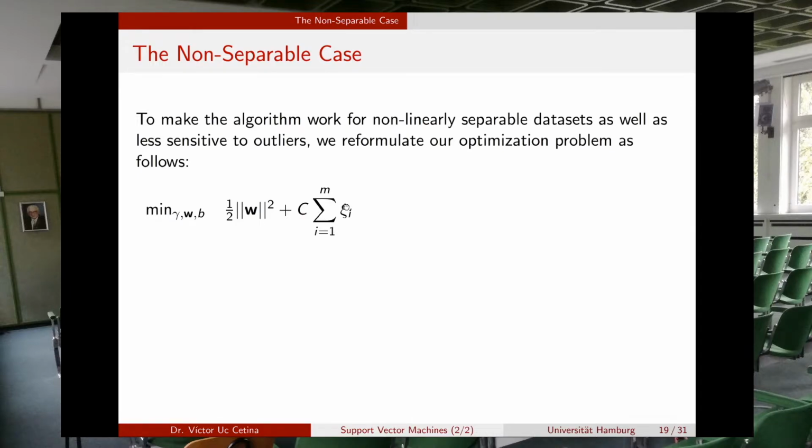And we are going to give it some cost or some weight, which is this constant C. If you notice in this function, if you make C equal to 0, then you're simply saying, I don't care about the outliers, and you go back to the first optimization problem, and you simply ignore your outliers.